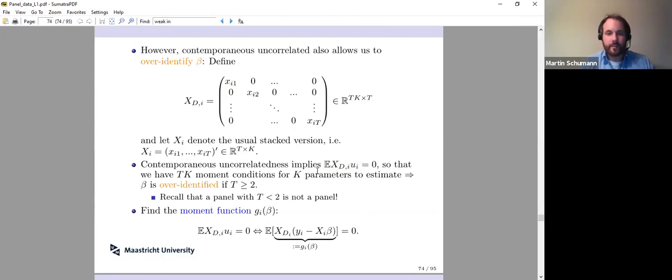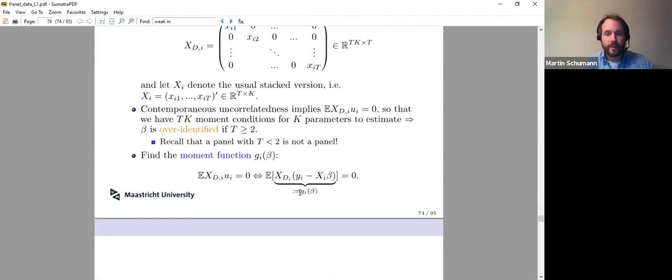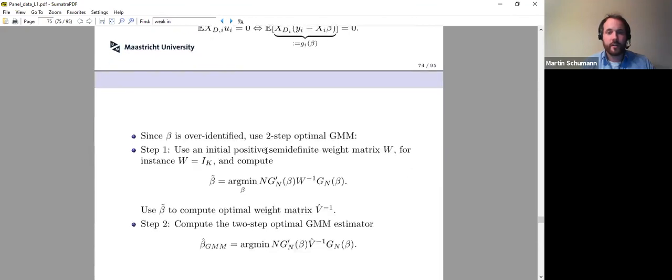And if you look at this, we have now T times k moment conditions for only k parameters to estimate. So if we have an actual panel data set, meaning that T is at least 2, then beta is now over-identified and we can do two-step optimal GMM. So in order to do that, we define the moment function, which we see here, and then, business as usual, right?